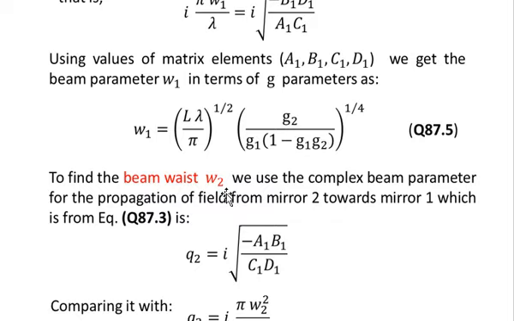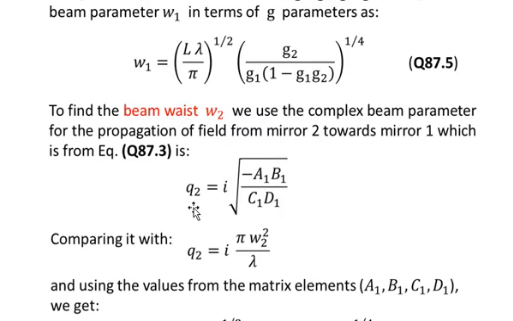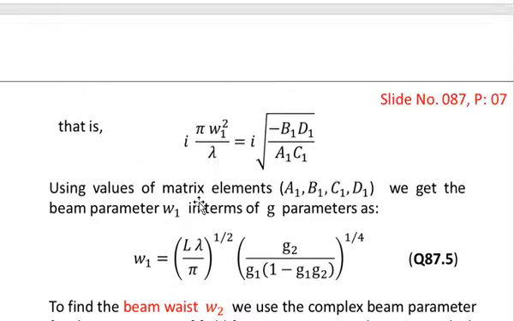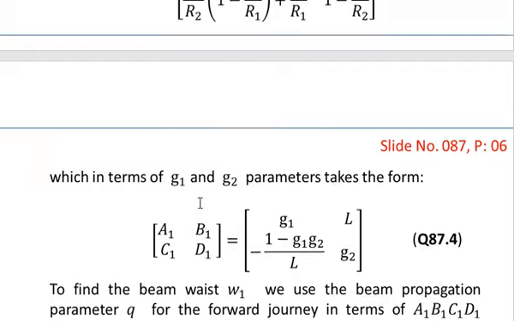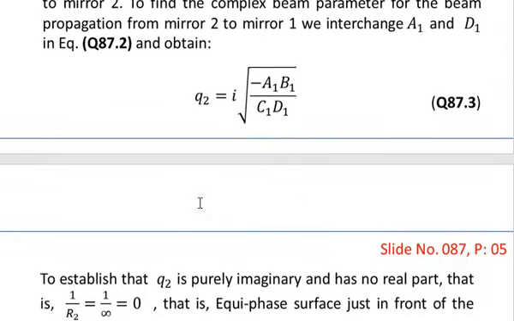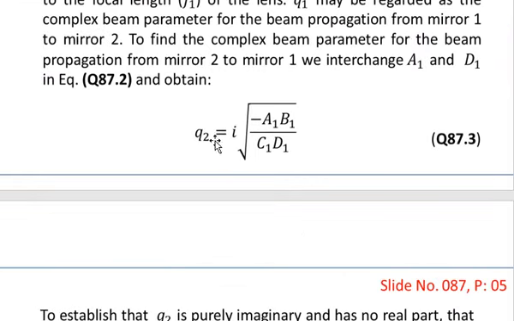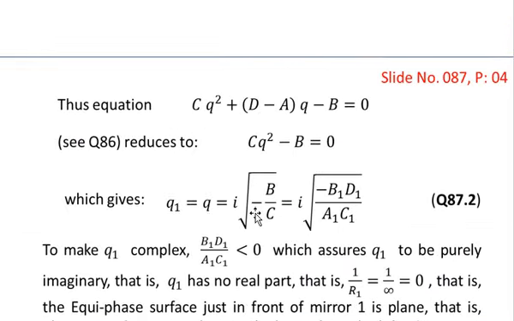To find the beam waist W2, we use the complex beam parameter for the propagation of the field from mirror 2 towards mirror 1, which is from equation number 3. So you see that this is what we have obtained, Q2. And let me show you that we have obtained Q2 earlier. For example, this is Q2, and Q2 was obtained from Q1 just by interchanging the positions of the A1 element with the D1 element.